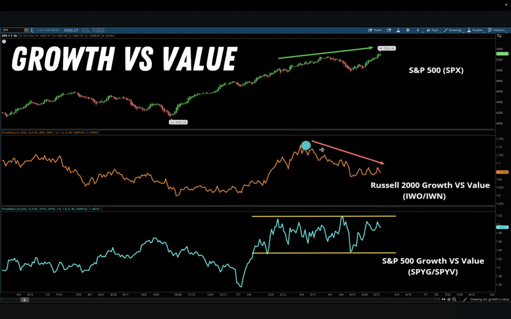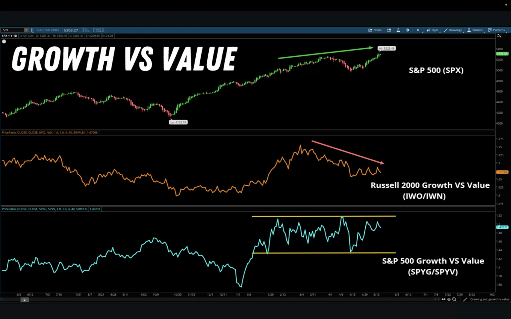Now you can look to see if there's a breakout and a shift in sentiment or a shift in investor appetite for Russell 2000 growth relative to value. But at the moment, it's still stuck in a downtrend, right? So maybe this is something you're not really looking to focus on as much, and maybe this is something you want to rotate out of and into potential other areas.